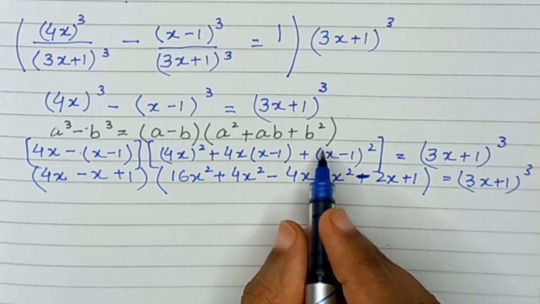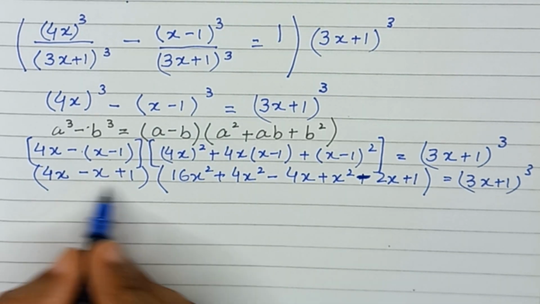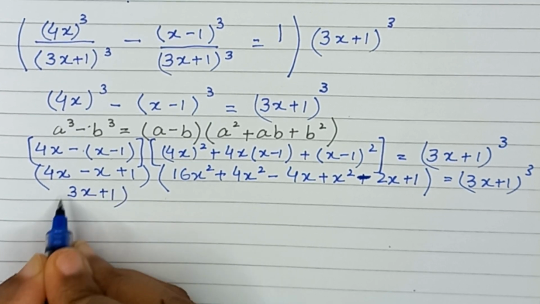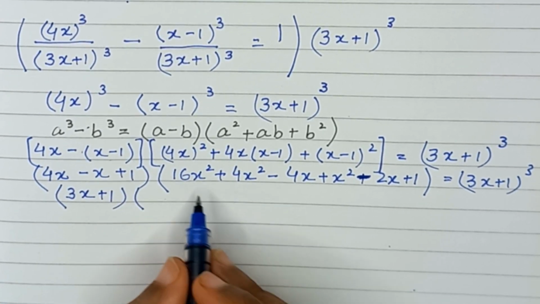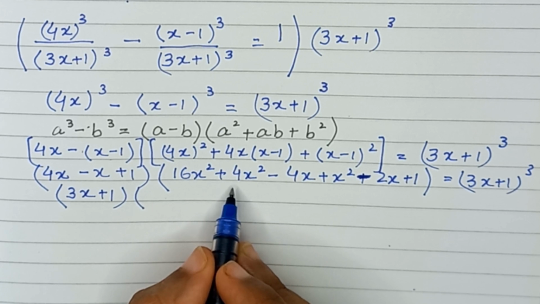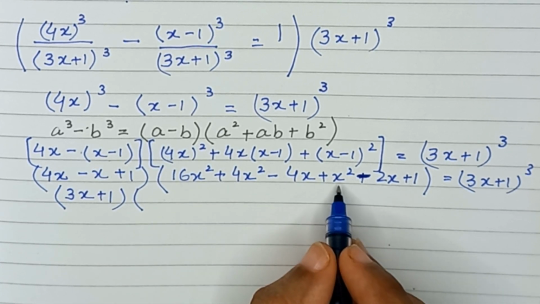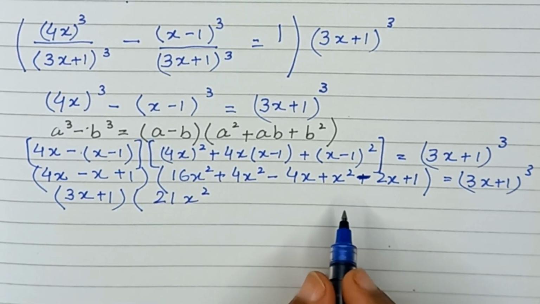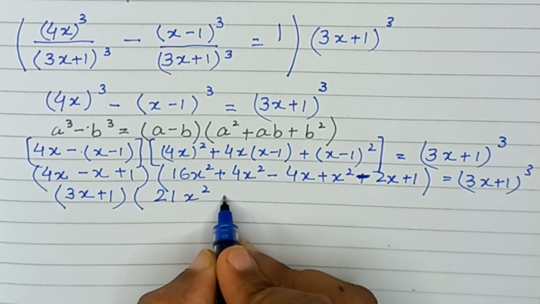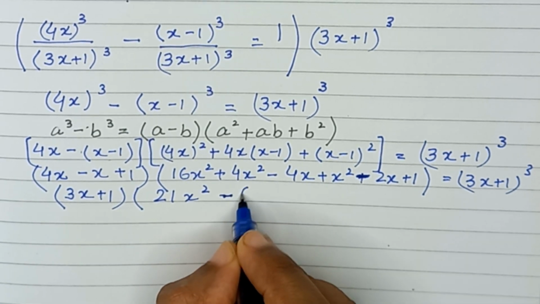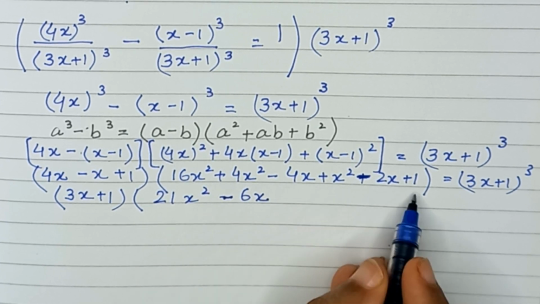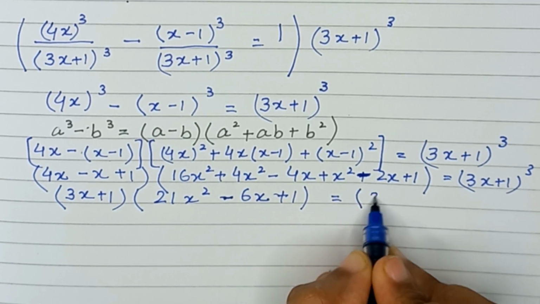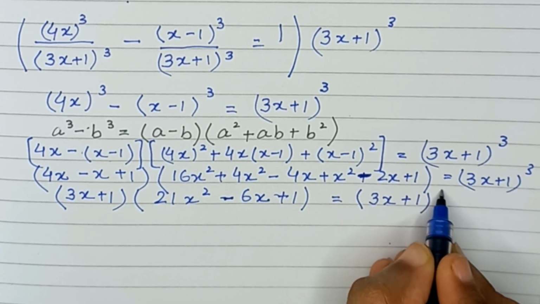It is the form of (a − b)². So it will become 4x − x is 3x plus 1, and here 16x² plus 4x² is 20x², and plus 1x² will become 21x², minus 4x and minus 2x will become minus 6x, plus 1, which is equal to (3x+1)³.